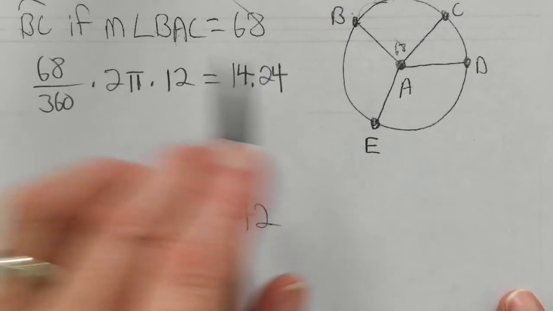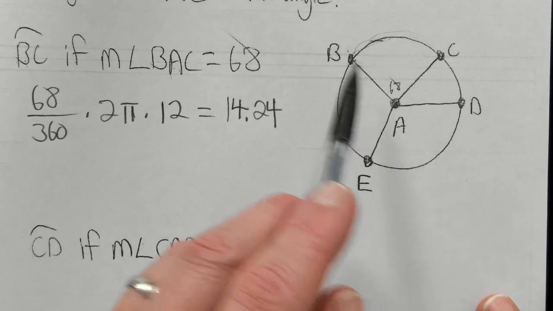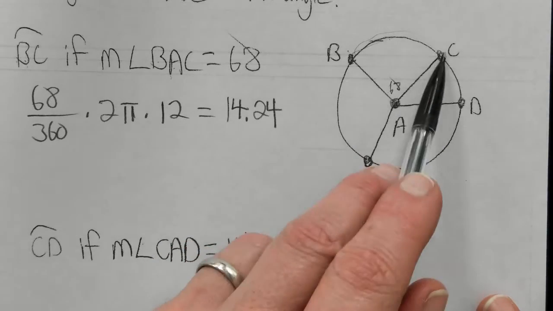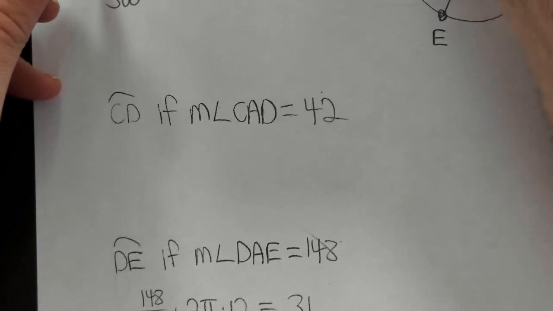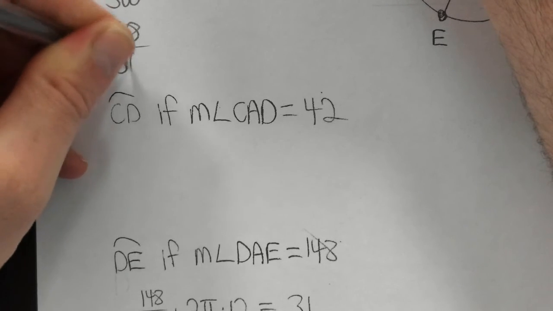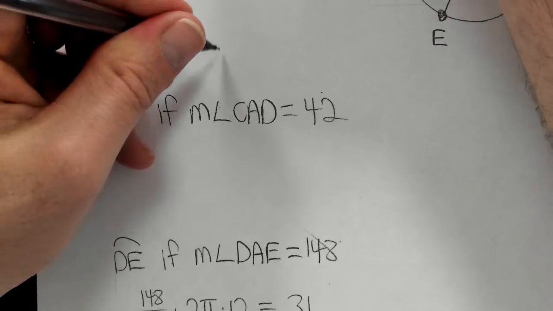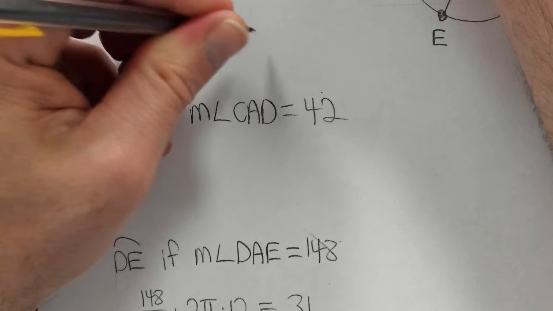Now we also want to find the area of the sector bounded by this arc and the central angle, which is here. So again, sector area is x over 360 times pi r squared. It's the same x, so it'll be 68 over 360 times pi times the radius, which is 12 squared.